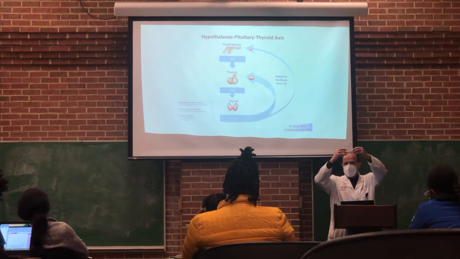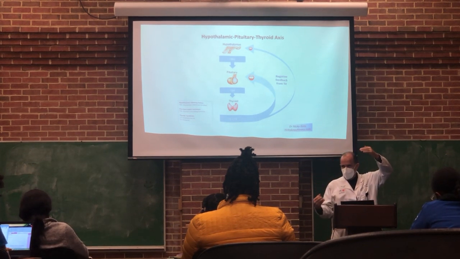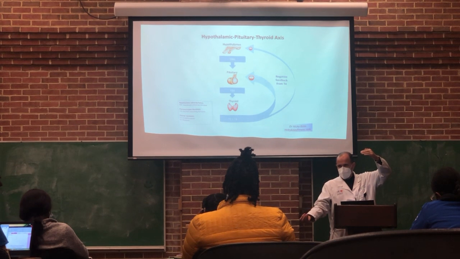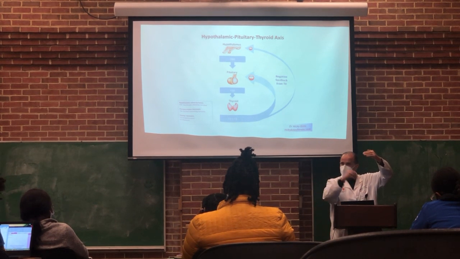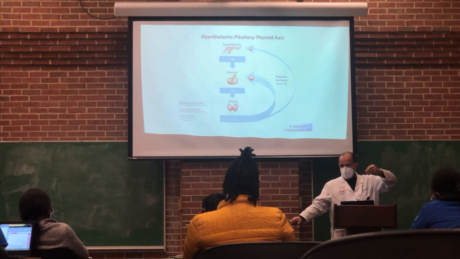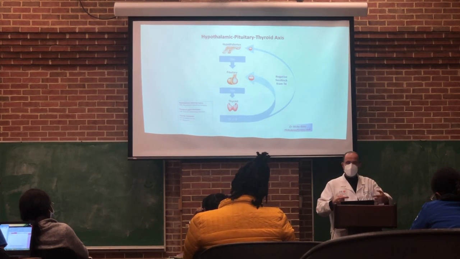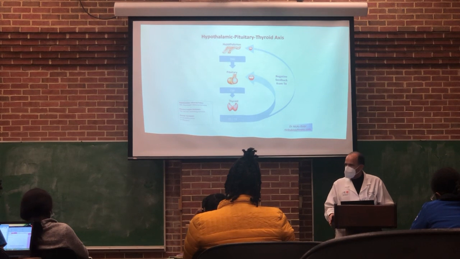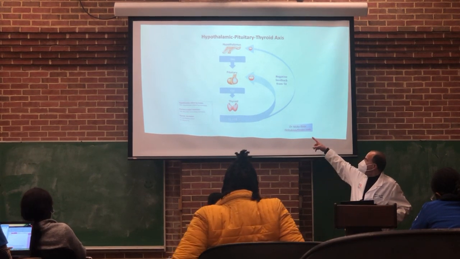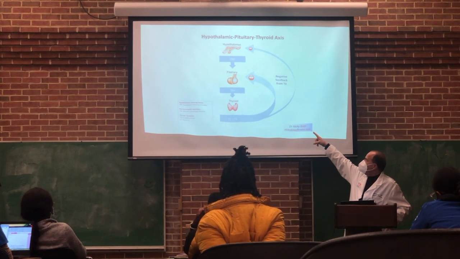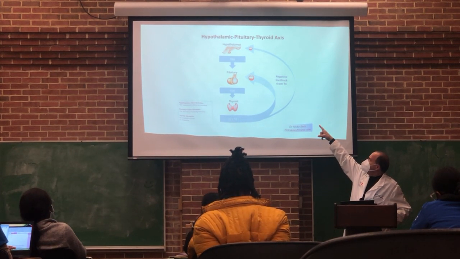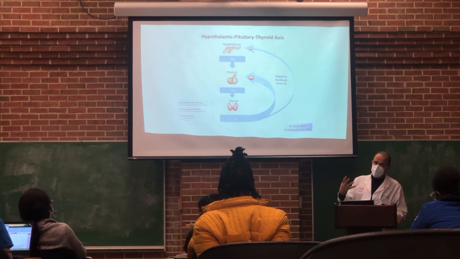So the hypothalamus will secrete thyroid releasing hormone. Thyroid releasing hormone will go to the anterior pituitary, stimulate the thyroid stimulating hormone. The thyroid stimulating hormone will go to the thyroid gland to stimulate the production of thyroid hormones. So that's what you see, the TSH coming from the pituitary, the thyroid releasing hormone coming from the hypothalamus.